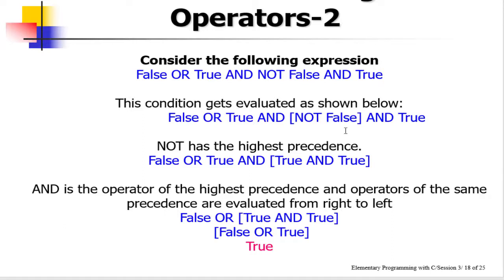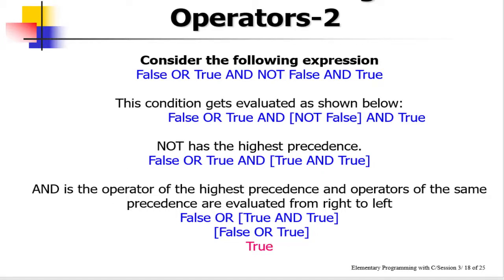This part gives us a true, so this is going to be true and true. This evaluates to true. Then we have another true and true. This evaluates to true. Then finally we have the false or true, and this evaluates to true. If you don't remember this, kindly recap from your programming practices and techniques, session 5.